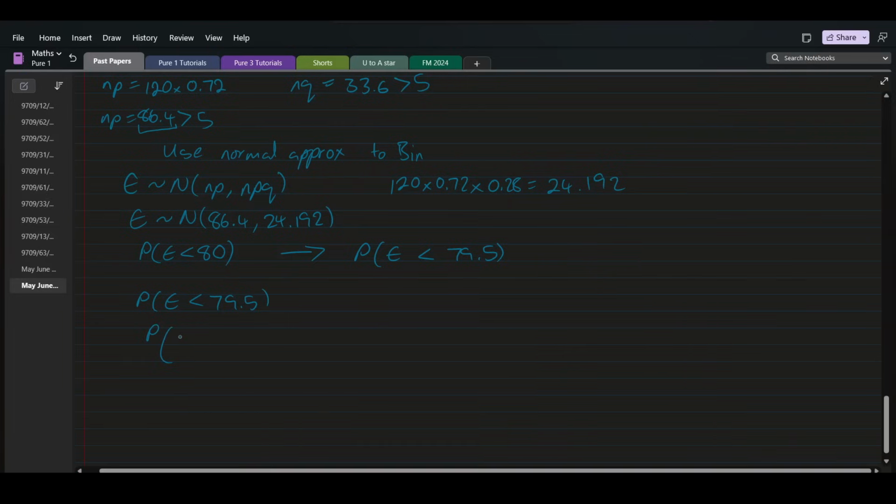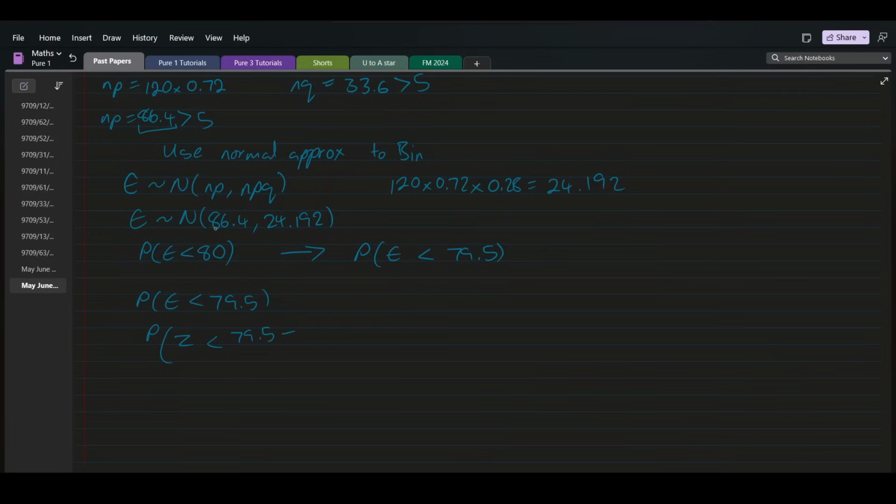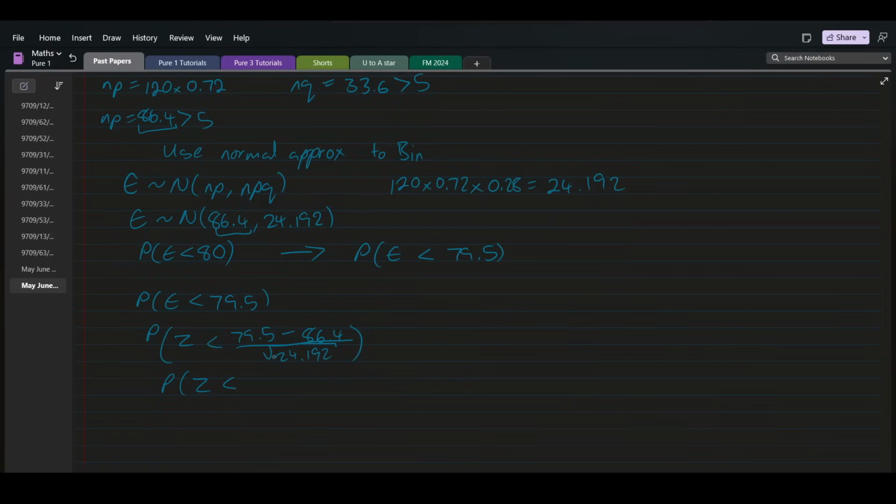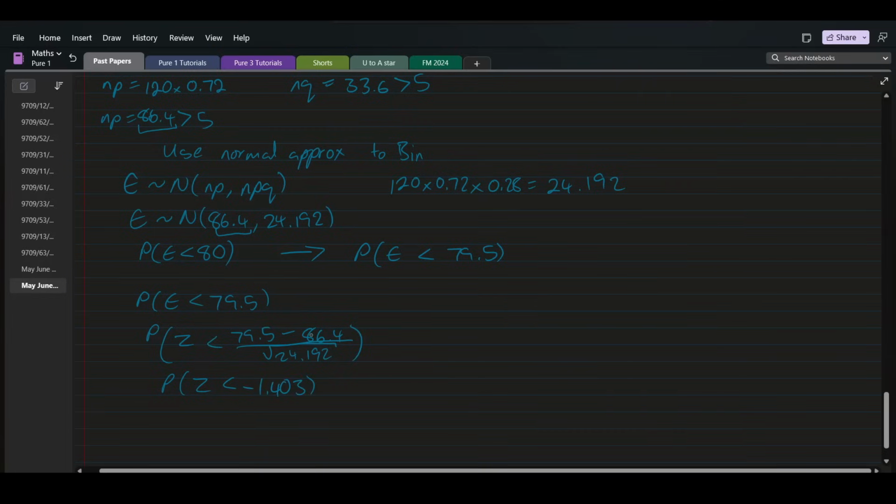So let's standardize. This is Z is less than 79.5 minus our mean, which is 86.4, over our standard deviation, which is root 24.192. And this gives us negative 1.403.